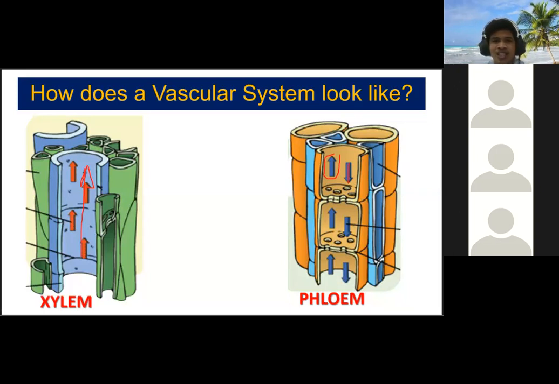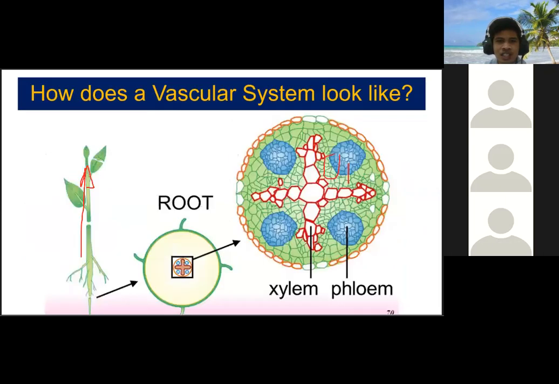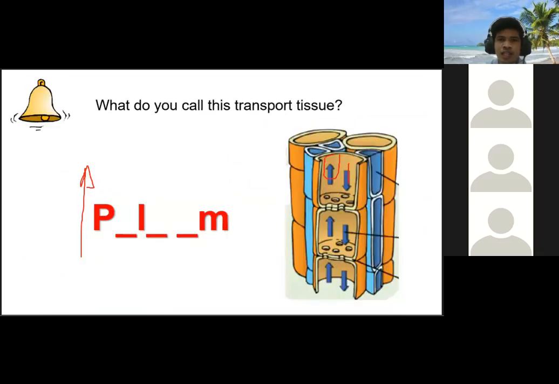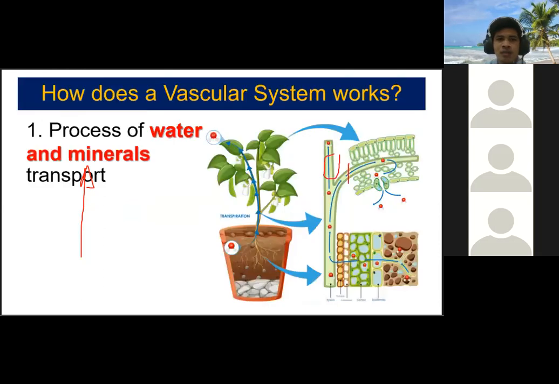So let's continue with our lesson for today. This is about how the vascular system works. How do the xylem and the phloem work? First we have the process of water and mineral transport.